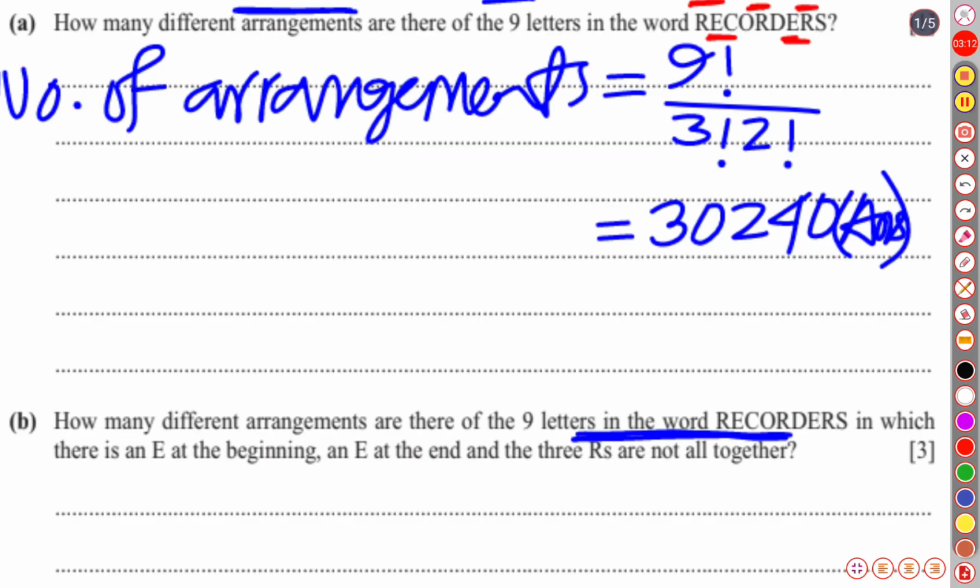So there are two restrictions. First restriction is there should be an E at the beginning. So let us start our writing. An E is at the beginning, and then 2, 3, 4, 5, 6, 7, 8, and another E at the end. So we will find the total number of arrangements when an E is at the beginning and another E is at the end.